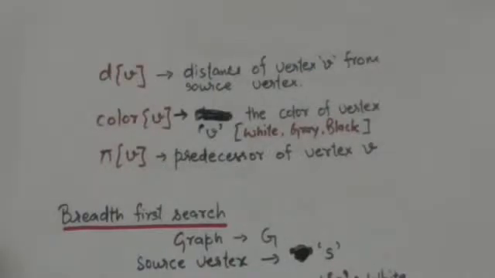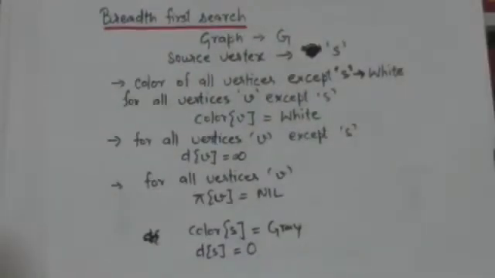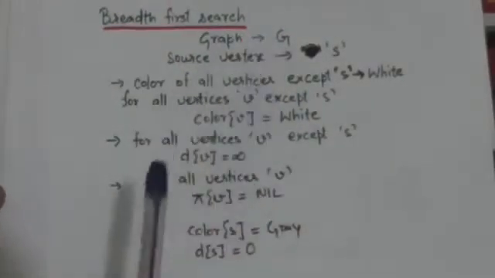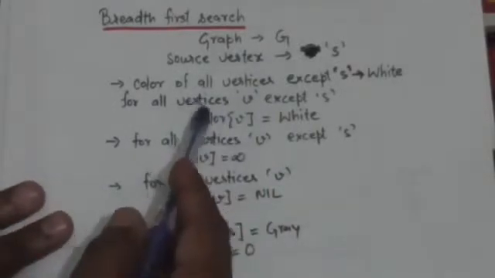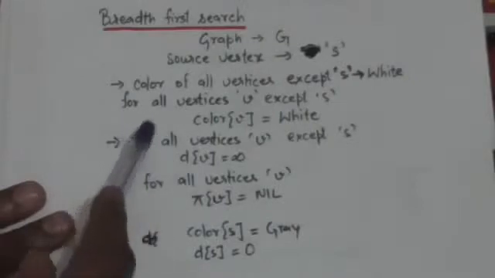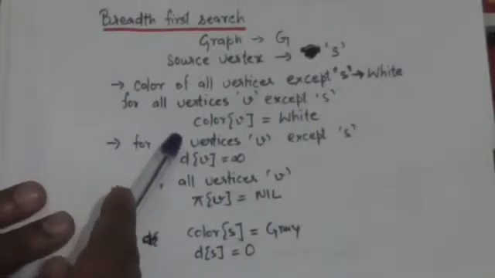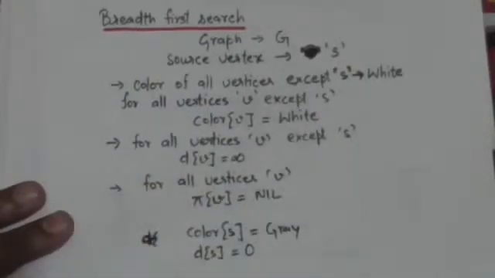Now let us see how the breadth first search algorithm works on graph G. First of all, we will color all vertices white except the source vertex S. So for all vertices v of graph G except the source vertex S, the value of color[v] will be white.